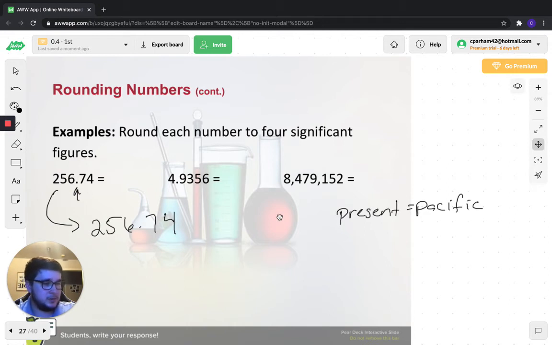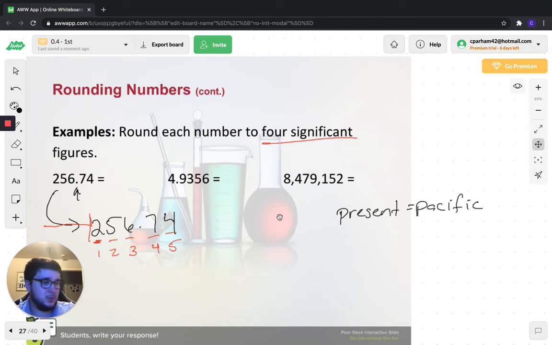So I'm going to attack from the left, and let me attack with a different color, that way it stands out. I'm going to attack from the left, and I hit a 2. I should stop because that's not a 0. That number and every number after is significant. So 1, 2, 3, 4, 5. Okay. My question says to round it off to 4 significant digits.